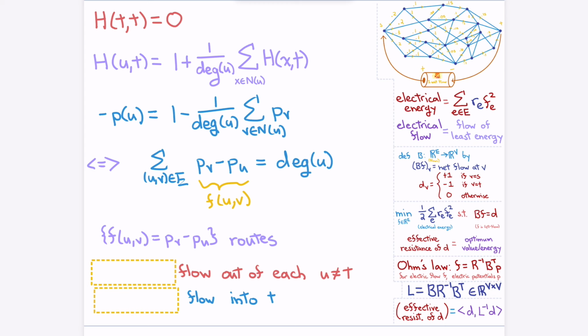Well, here you said if I sum over all the edges leaving u the flow, I get degree u. So you can think of each non-t as a source because it's sending out degree u units of flow on net. So it's a degree u kind of source. You have a bunch of sources. You can think of a super source attached to everything. And then how much goes into t?